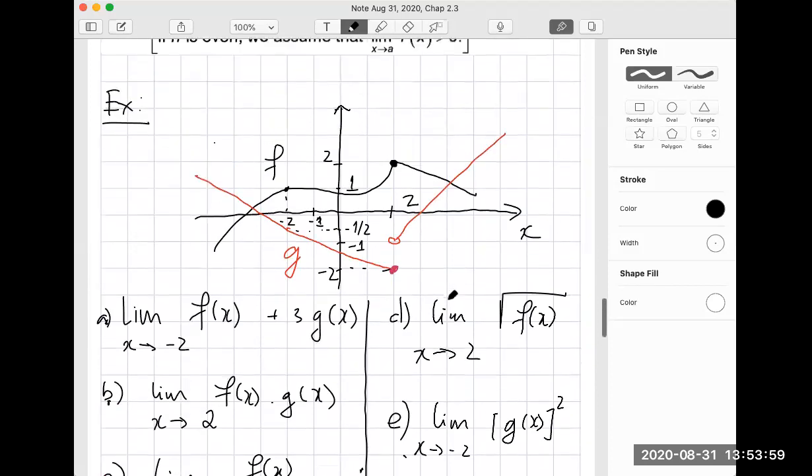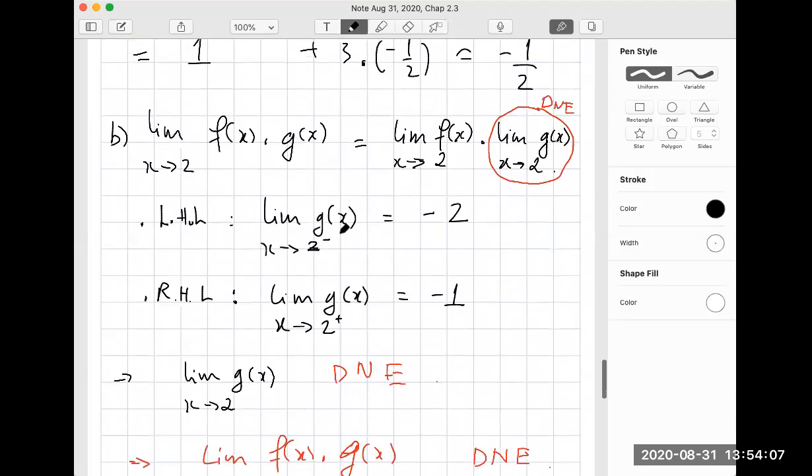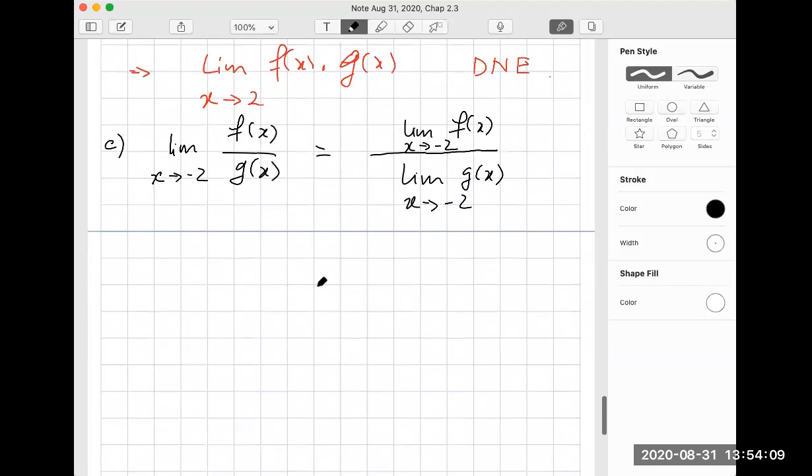When x approaches -2, f should be 1. And g approaches -1/2. So this quotient becomes 1 over -1/2, right?